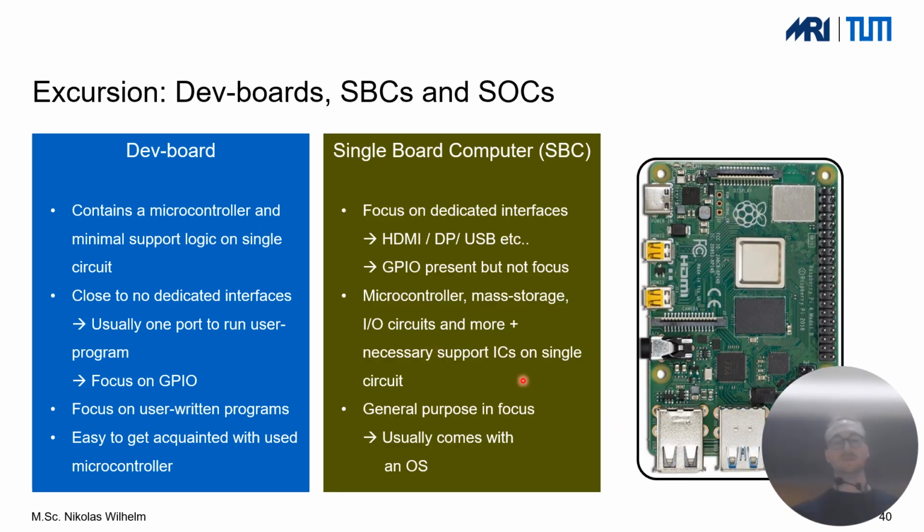Then something more sophisticated, a single board computer like a Raspberry Pi, is just an extension of everything. It's a bit more focused on actually being a complete computer. So you have an HDMI port, you have much more access, it's also much more powerful, but of course it also is just a bit larger. So for some devices it's maybe already a bit of an overshoot.